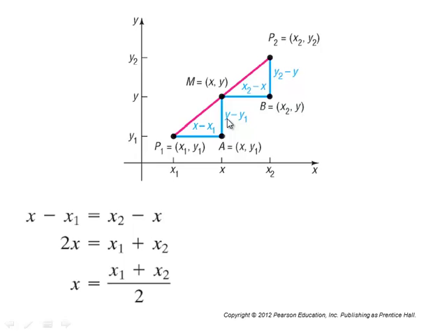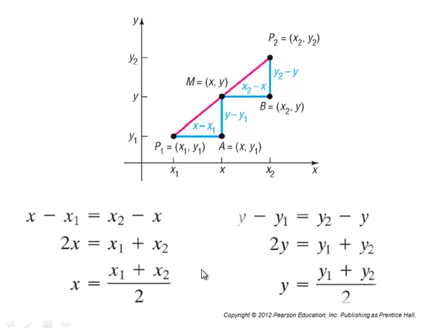So if we wanted to develop the formula for x and for y, what we need is the displacement between x and x1 to be the same thing as the displacement between x and x2. So we need this horizontal distance to be the same thing as this horizontal distance. That's what this equation is saying. And then you could simply solve for x using a little bit of algebra.